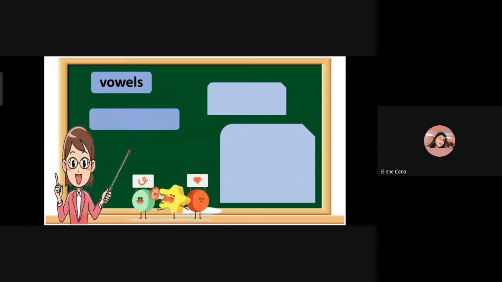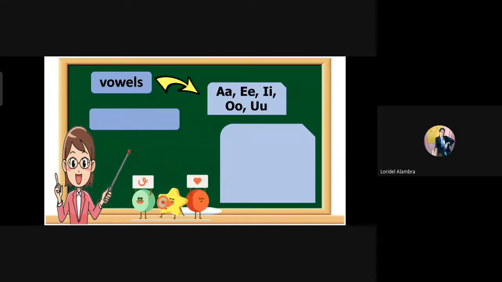what are the vowels and consonant letters? So, how many vowels do we have? 5, ma'am. Very good. We have 5 vowels. And these are A, E, I, O, and U. And how many consonants do we have?